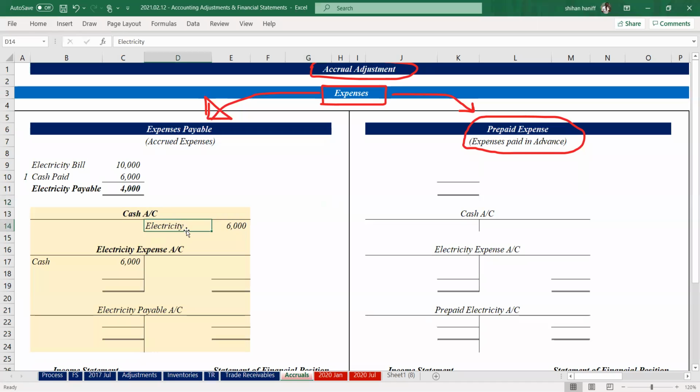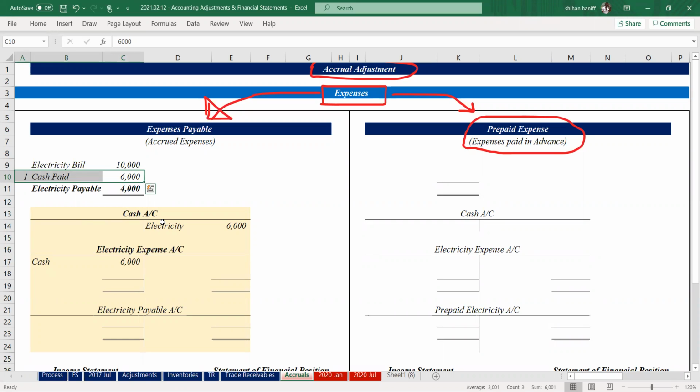That will be the first double entry. After doing this, you will get the trial balance.